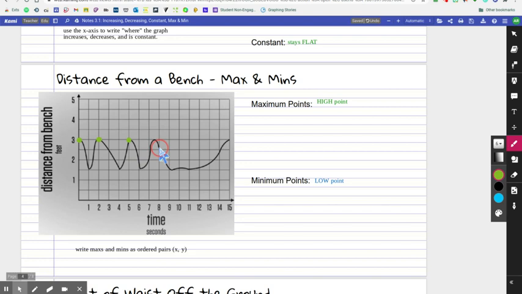Now the next one's kind of hard, but what's the next time we see a peak occur? Well, 8's right here. So I would say more like 7.5, right? The next peak that occurs is very difficult to see. But see how we have this little Humpty Dumpty happening here? I'm going to say our peak is about right here, okay? Now, peaks happen when you go from increasing to decreasing.